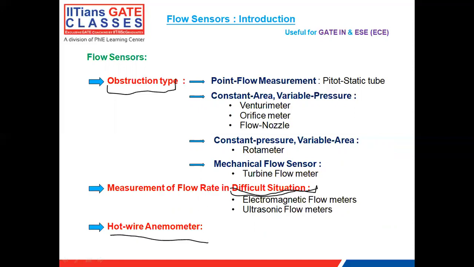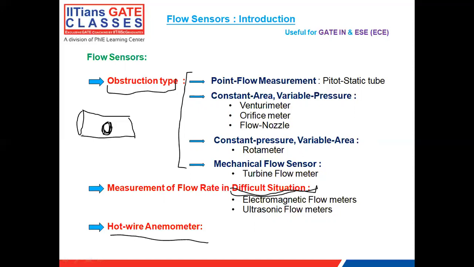In obstruction type flow meters, these are all of the same category. Whatever flow meters there are, these are all obstruction type flow meters. What is an obstruction type flow meter? Let's say this pipe is there and some fluid is flowing with some velocity, and you want to measure the flow rate or fluid velocity. You will place an obstruction, that may be an orifice, a turbine, a float, a flow nozzle or anything.